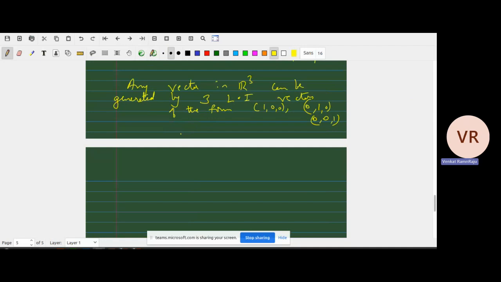And so without loss of generality, if I assume that vector 1, vector 2, vector 3 are linearly independent, then the fourth vector becomes a linear combination of the first three.